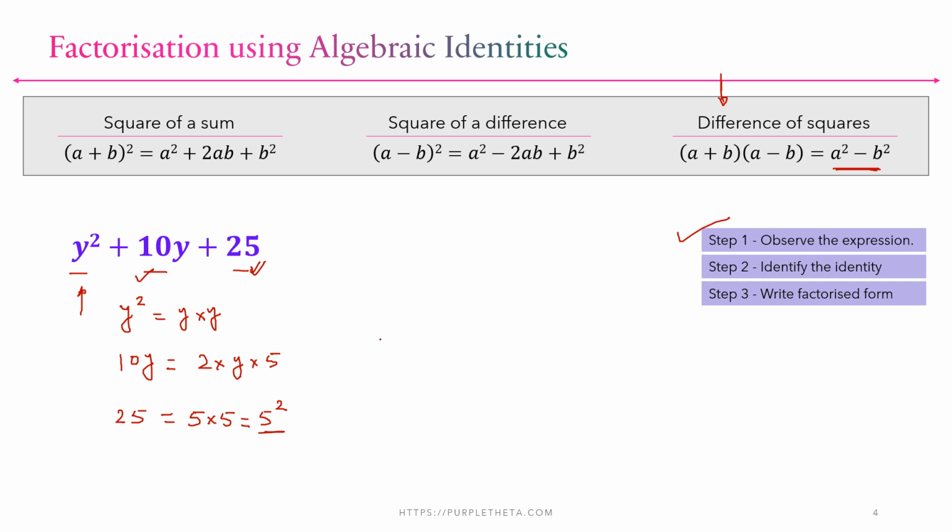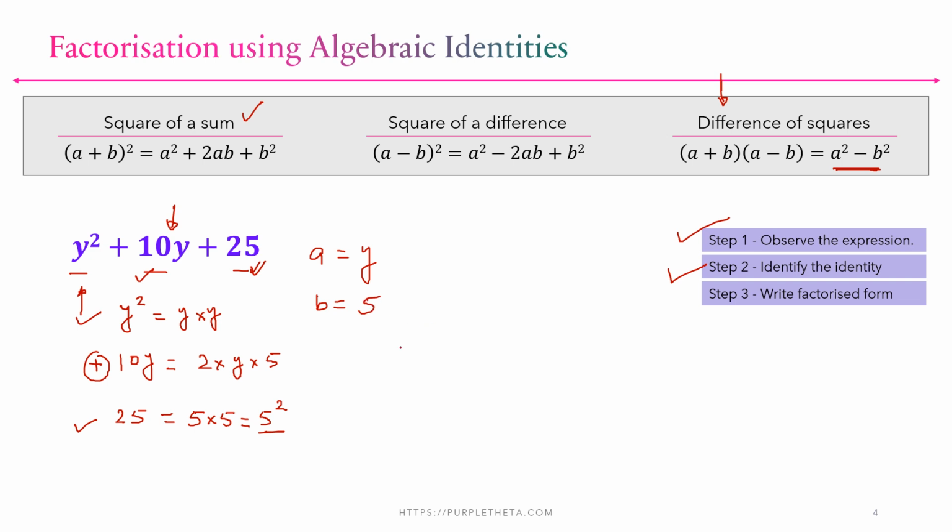Now for step 2, we need to identify the identity. Here notice that the first and third terms are perfect squares, right? And the middle term is positive, it's plus 10y. So this matches the square of a sum. So this expression is in the form of a square plus 2ab plus b square, where a is equal to y and b is equal to 5.